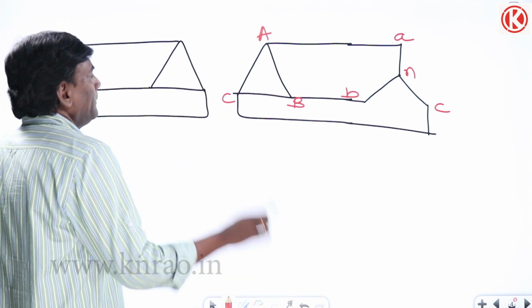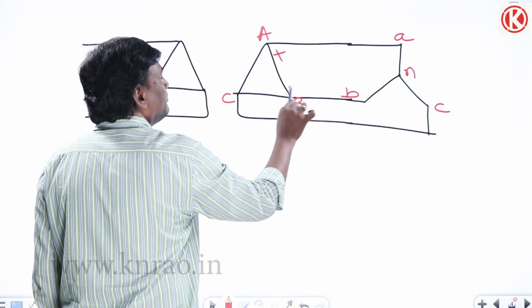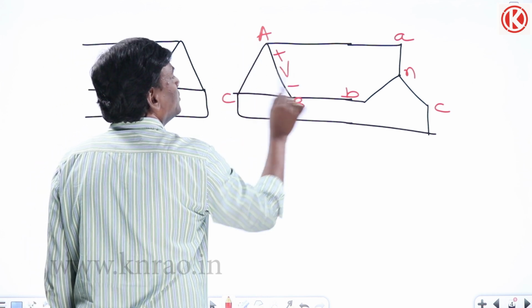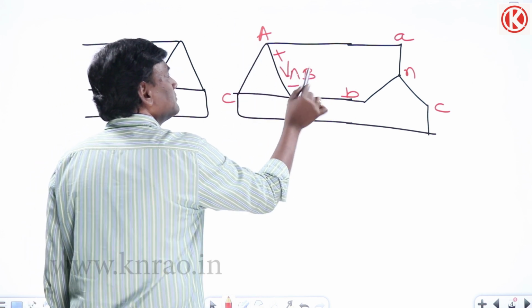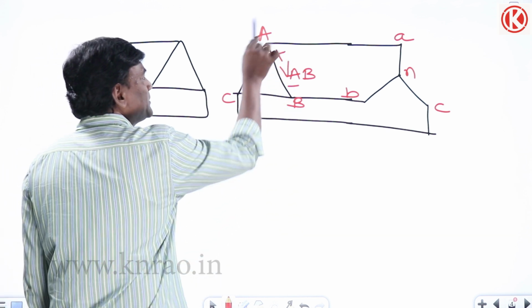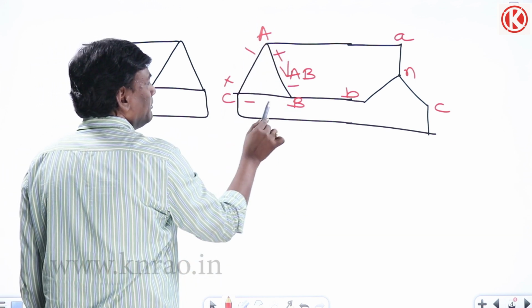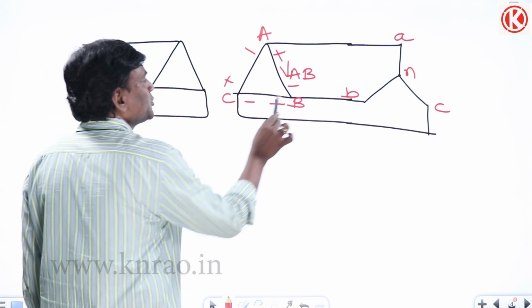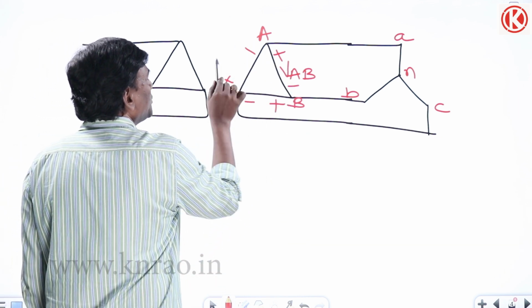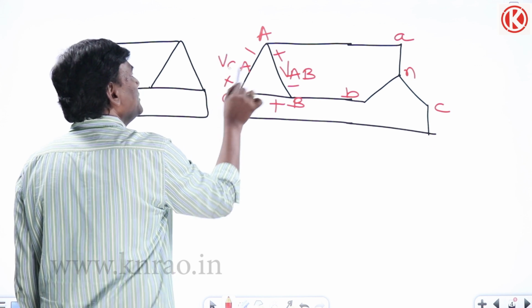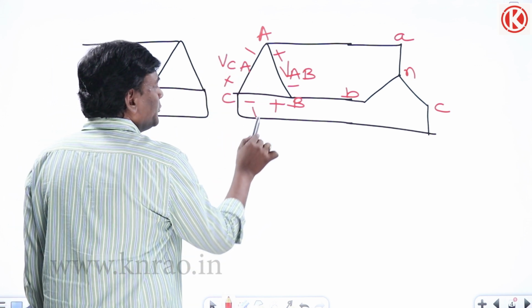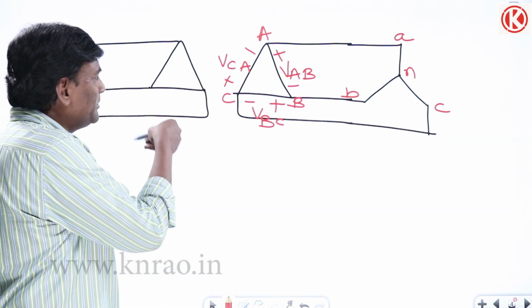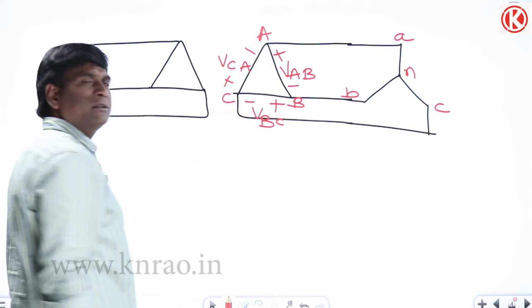Now if I think of plus minus, with respect to B, the A voltage, VAB, minus plus, such that VAB plus VBC plus VCA will be 0, because polarities have to be maintained. Here with respect to C, the B voltage, VBC, such that VAB plus VBC plus VCA equals 0.